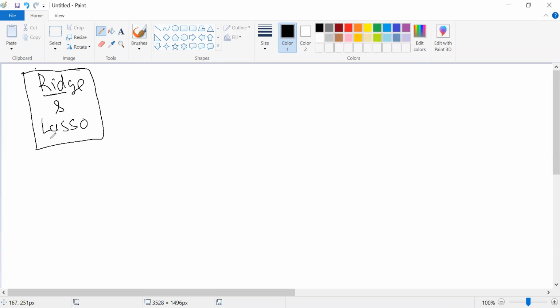So Ridge and Lasso are, you can say, variants of linear regression, or a type of linear regression. Though the concept can be used anywhere, as of now let's take it as a type of linear regression.